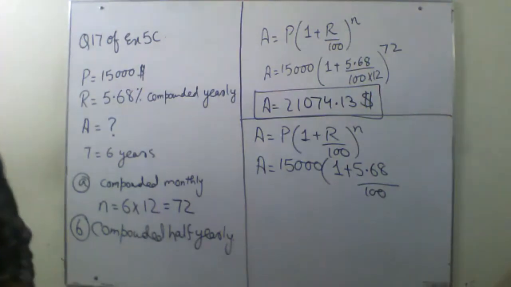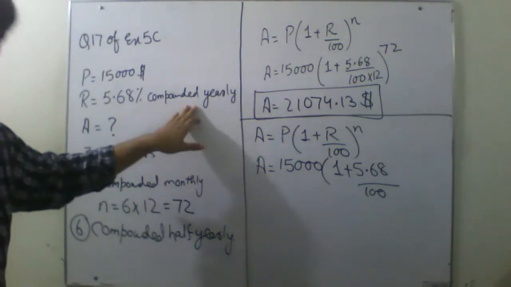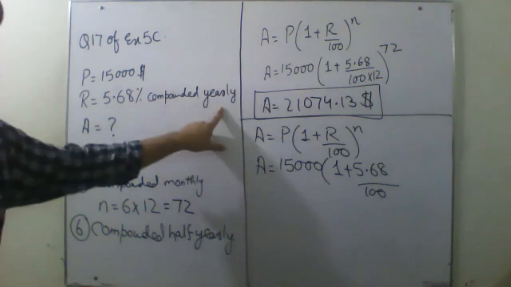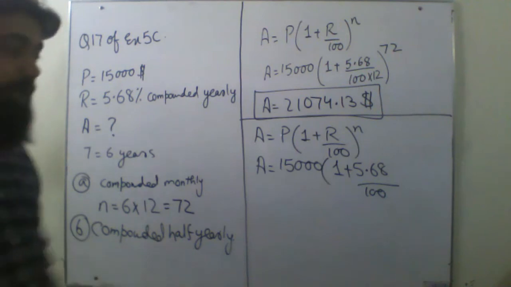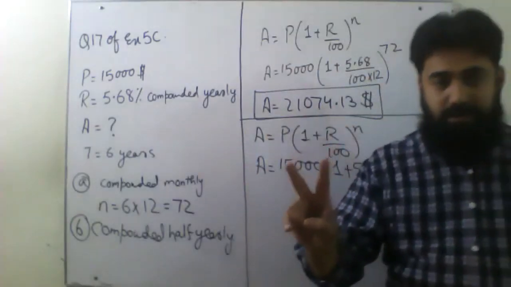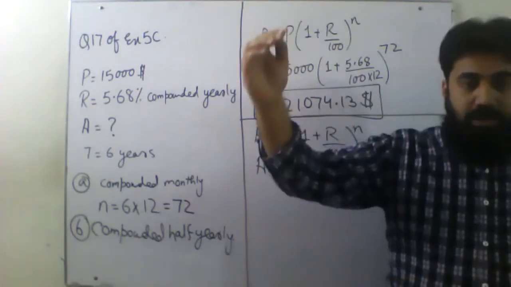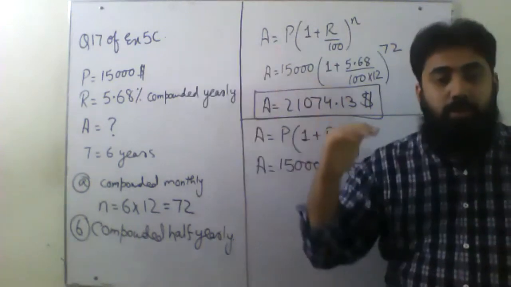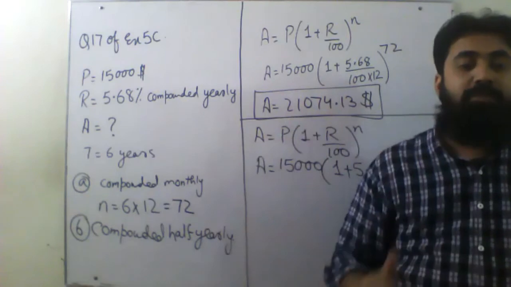Now, the important thing. The rate is given on a yearly basis, but it is compounded half yearly. So in a single year, there are 2 half years. First, from January to the end of June, and then June to the end of December.